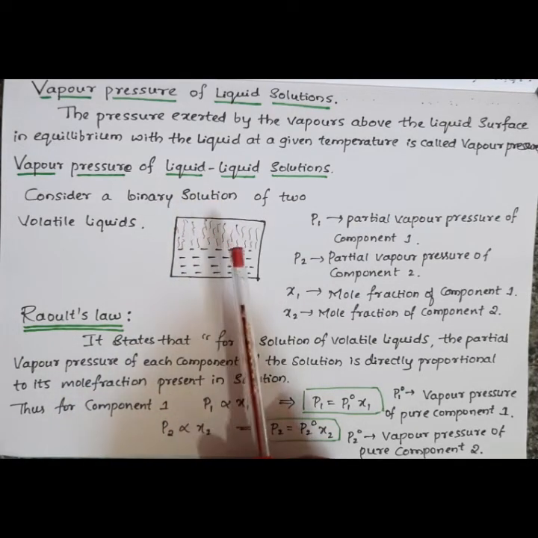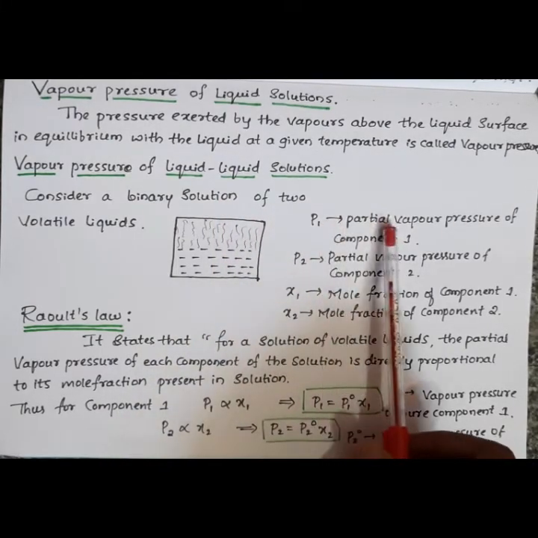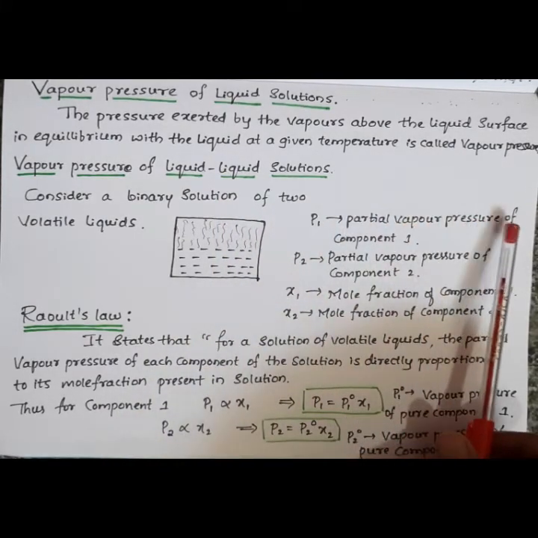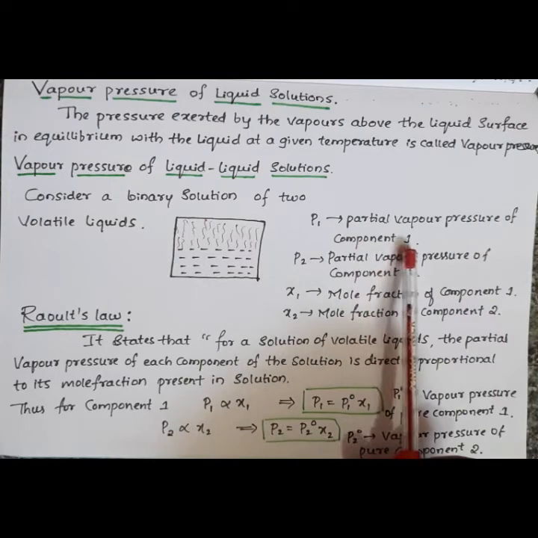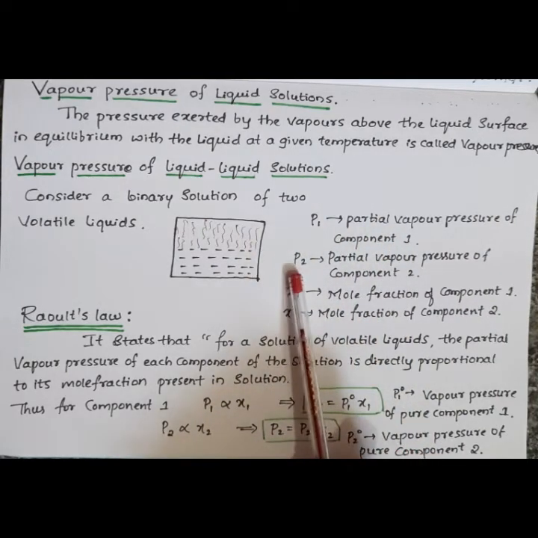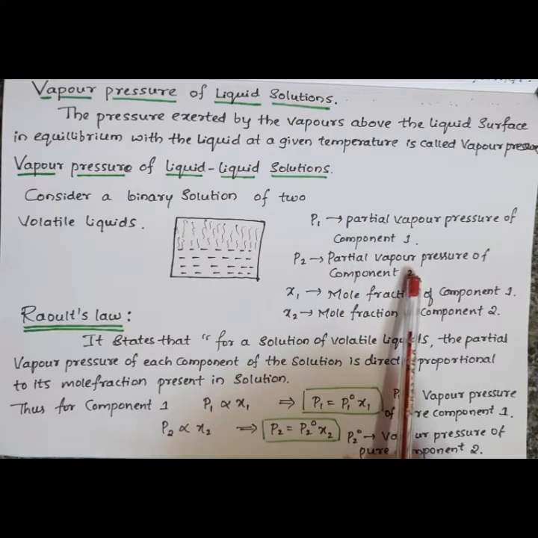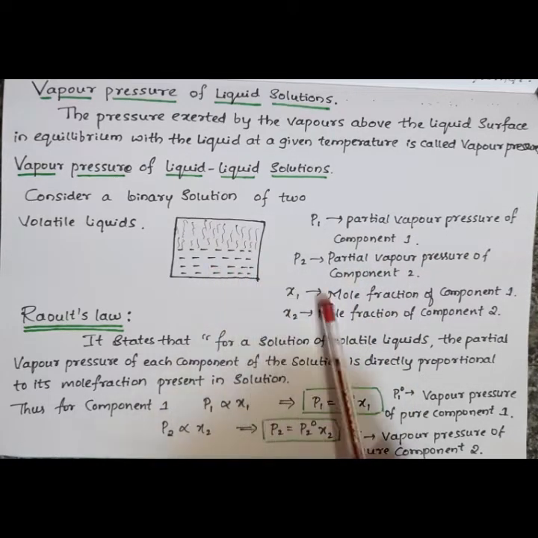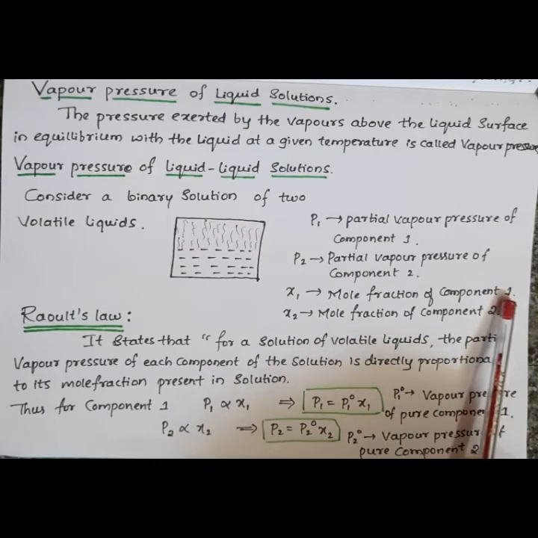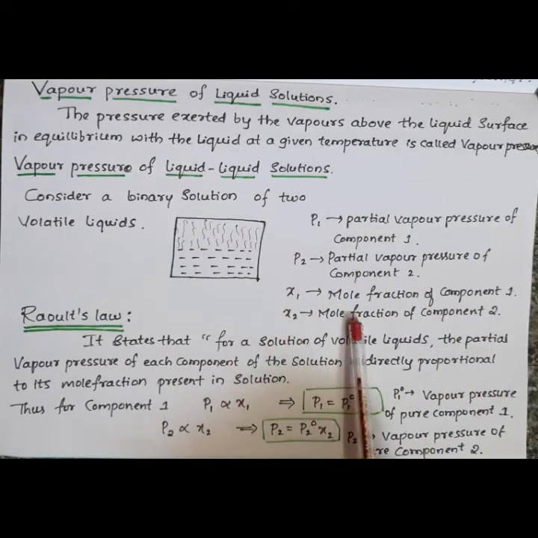Now, in this binary solution, P1 is the partial vapor pressure of component 1, and P2 is the partial vapor pressure of component 2. X1 is the mole fraction of component 1 and X2 is the mole fraction of component 2.